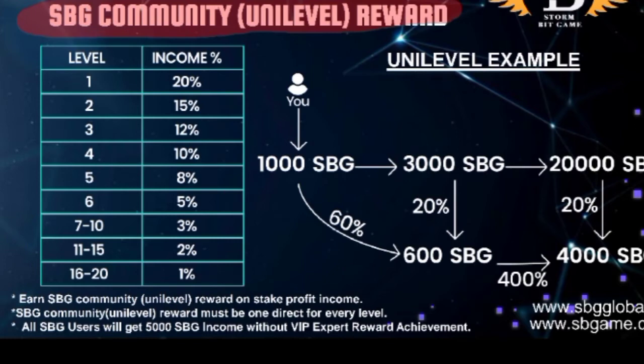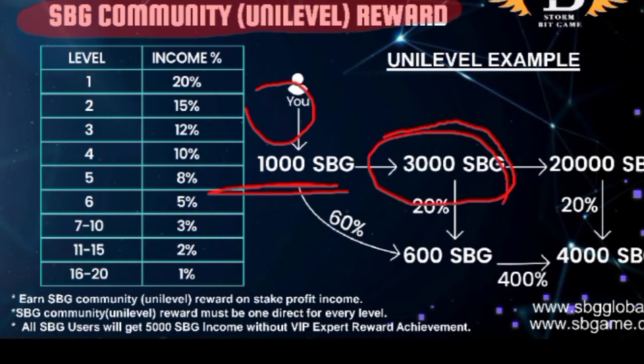So guys, suppose this one is you and you have invited a person and he has invested only $1,000. His total profit will be $3,000 because this company gives 300%. So his profit will be $3,000.